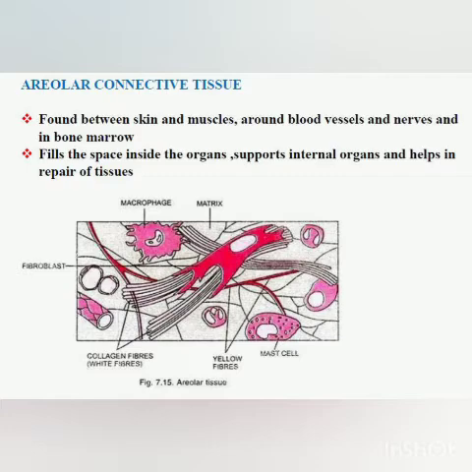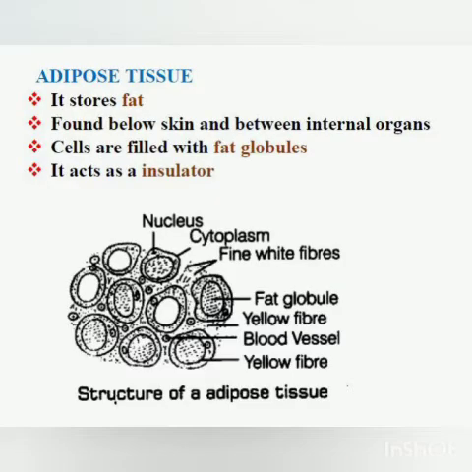Now, then another type of connective tissue is adipose tissue. Children, adipose tissue stores fat, and it is found just below the skin, and it stores fat. It is found below the skin and also between the internal organs. Okay, and here the cells have one fat globule, and it also acts as an insulator.